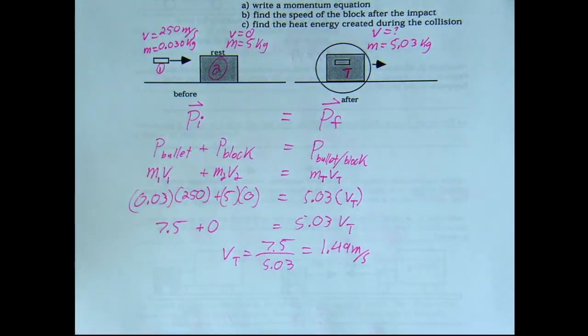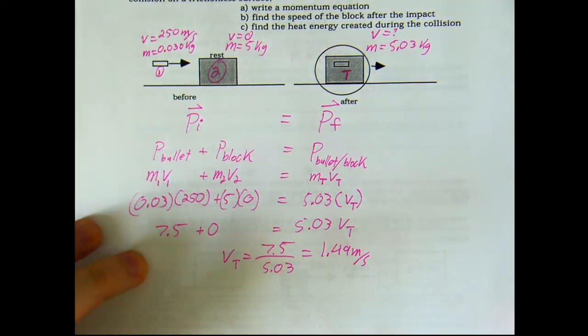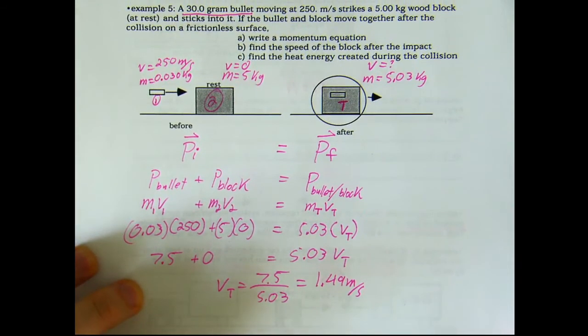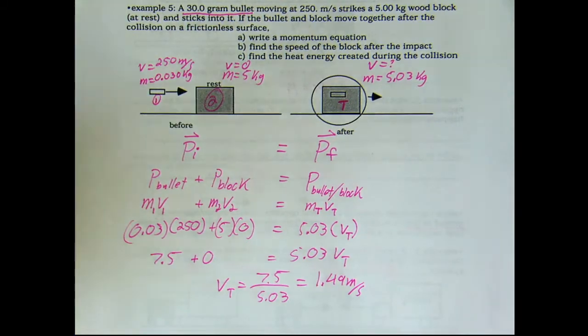So that block is moving off very slowly, which should make sense. The block is much, much larger than the bullet was, so it's going to take a lot more for this thing to move forward than it's going to take for the bullet to stop. Hopefully my argument there makes sense.